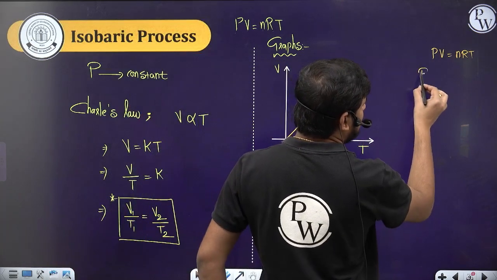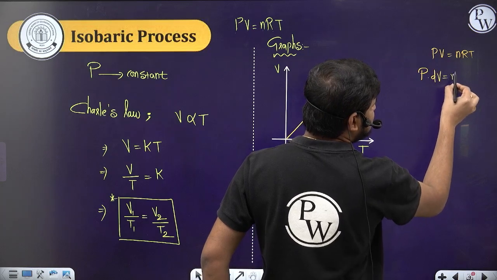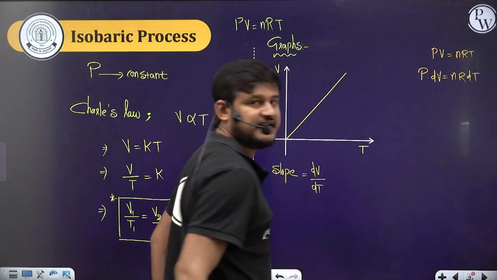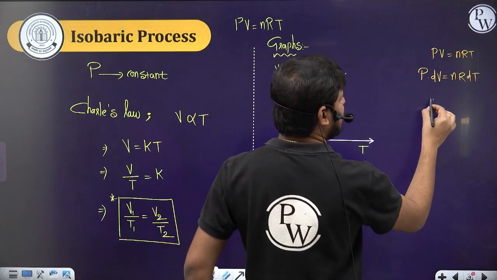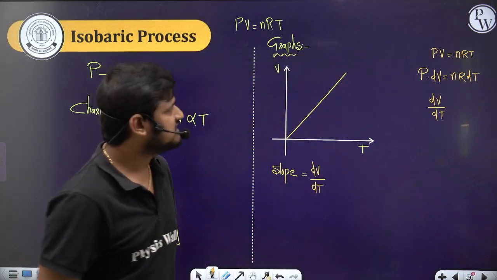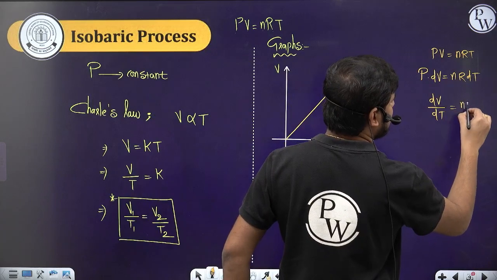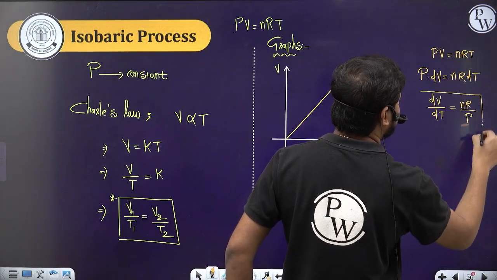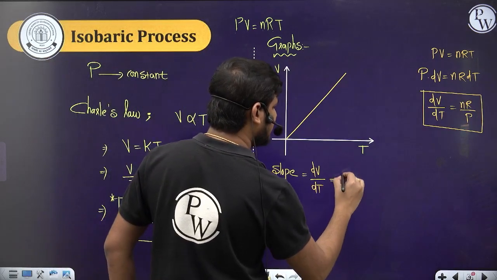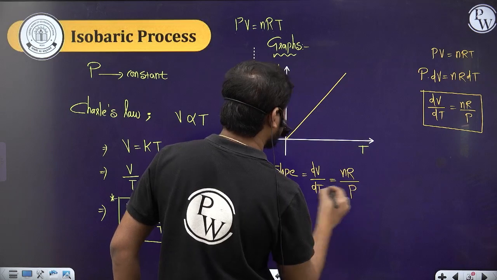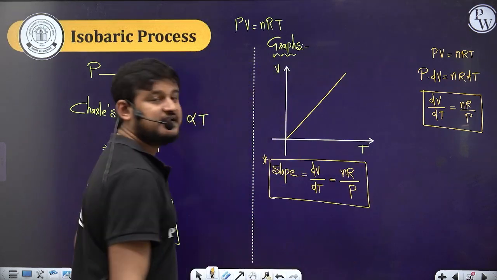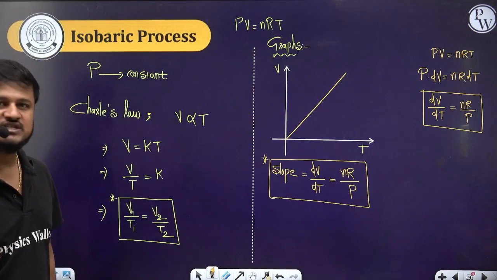So P outside, I'll write P dV is equal to nR dT, as n and R are constants. Then dV by dT is equal to nR by P. Done. Understood guys? So this is the first graph.